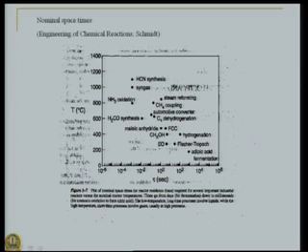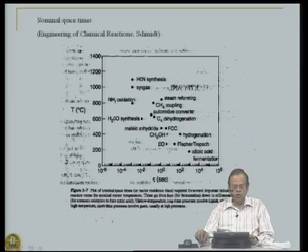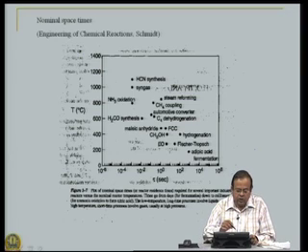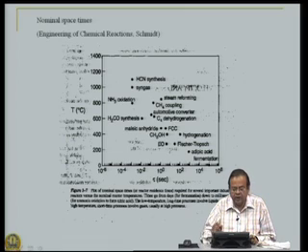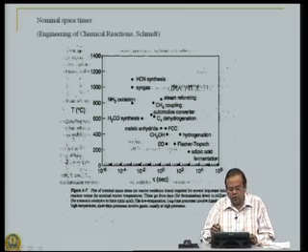So, before we close for the day, this is just an illustrative slide. We talked about these residence times. This plot is taken from a text, Engineering of Chemical Reactions by Lanny Schmidt. It shows temperature on the y axis and residence time on the x axis, and various reactions are noted over here.